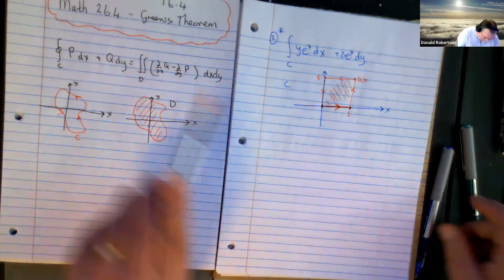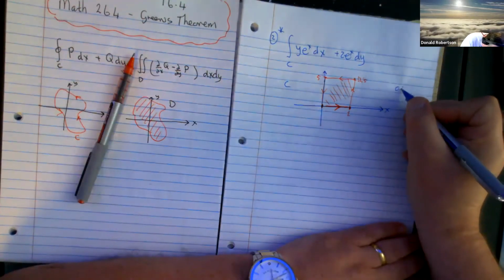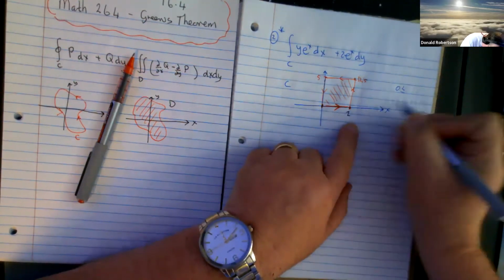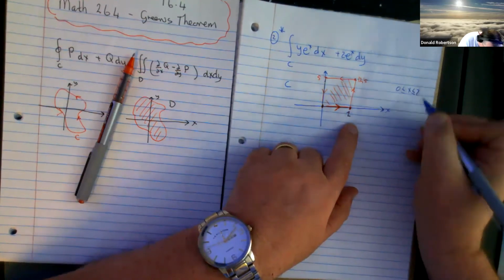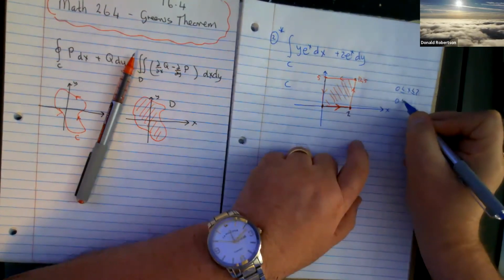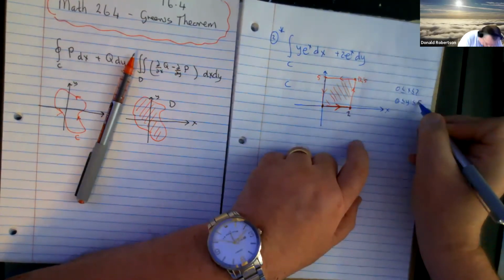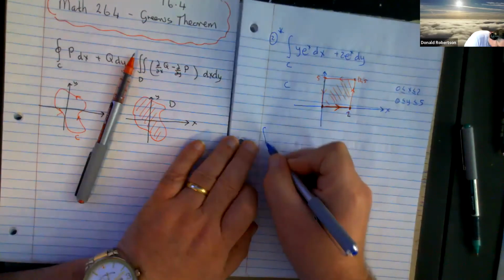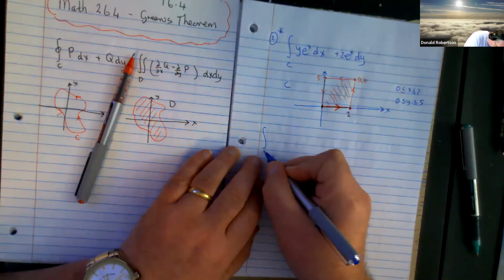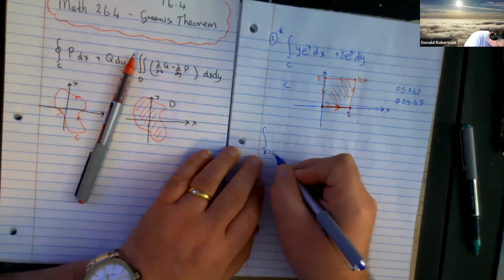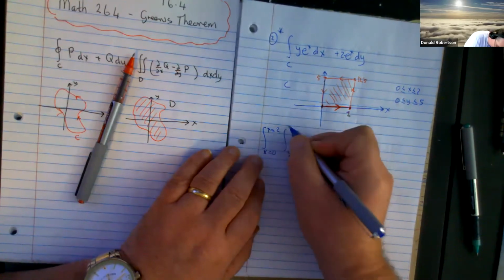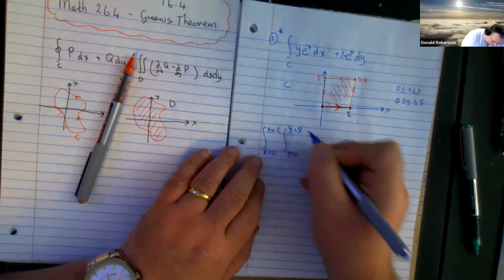So the limits of integration are really just going to be x's from 0 to 2, and the y's are going to be 0 to 5. Okay, so that went pretty smoothly. So we're going to do a double integral from x equals 0 to x equals 2, from y equals 0 to y equals 5.